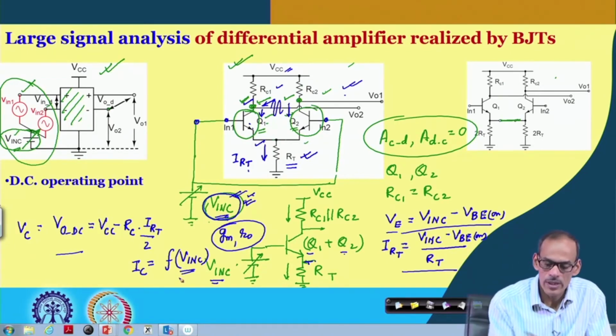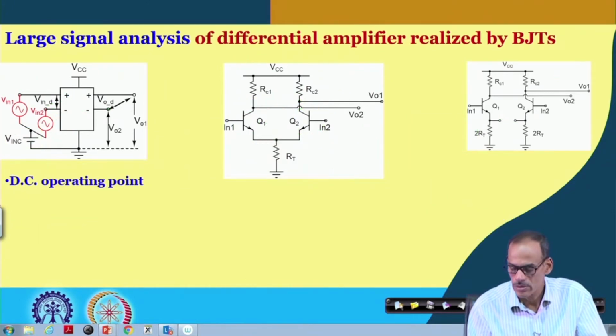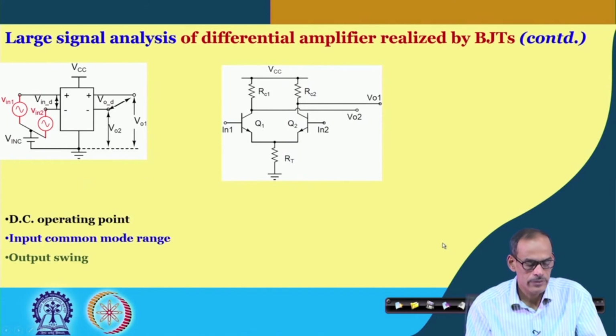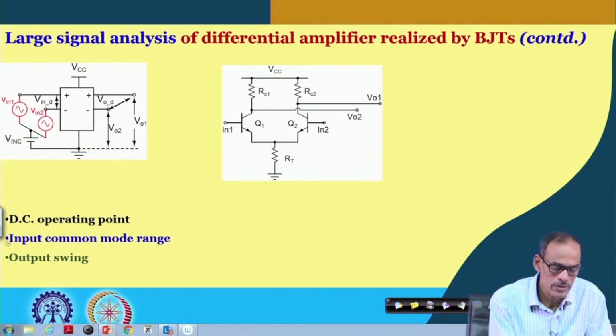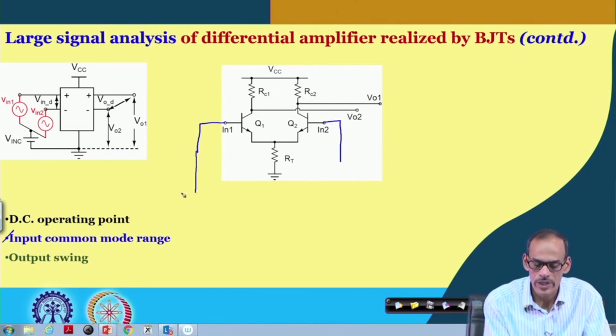Now, once you get the DC operating point, the next thing is what may be the possible signal swing. So, let us see in the next slide. Yeah. In fact, we have already discussed this point, the input common mode range, the range over which this common DC voltage is allowed to vary.